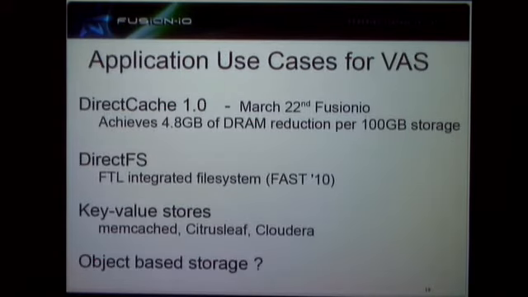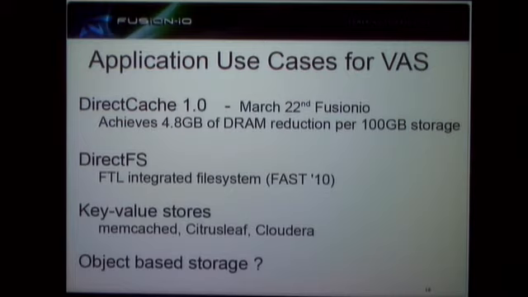So what are some other application use cases for these APIs? Well, Direct Cache is the first one that we developed them for, which will be coming out March 22nd of this month. And we have some others that are interesting as well. DirectFS, which was a publication in FAST 2010, was an FTL integrated file system. Instead of having to keep track of blocks and extents at the file system layer, perhaps we can integrate these more closely within the FTL.